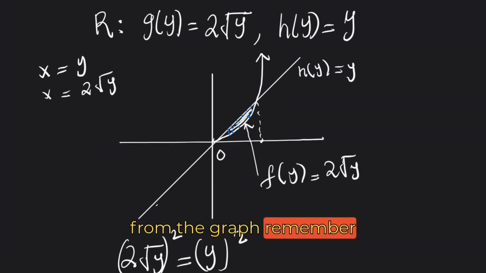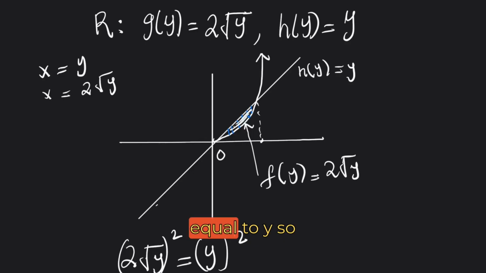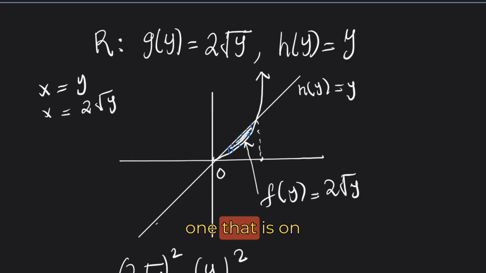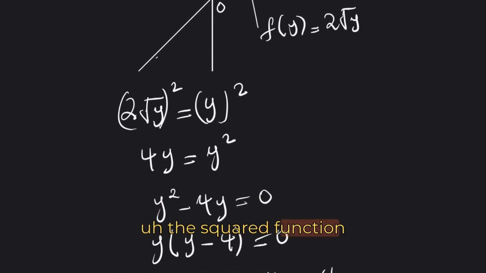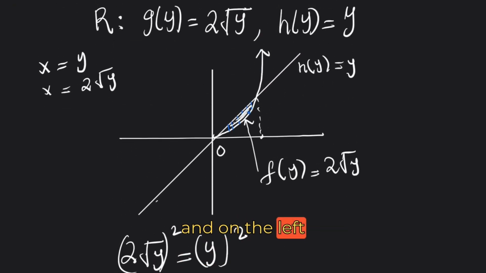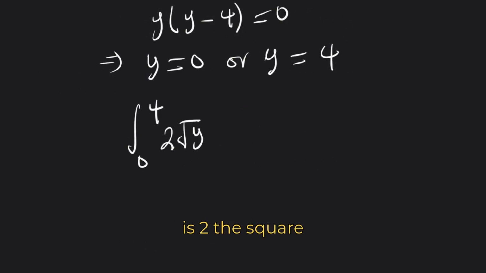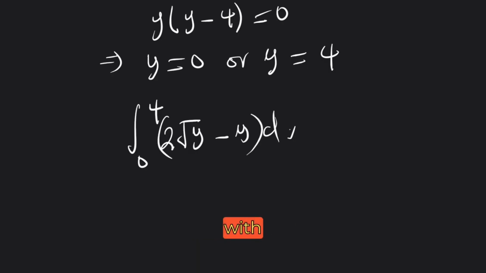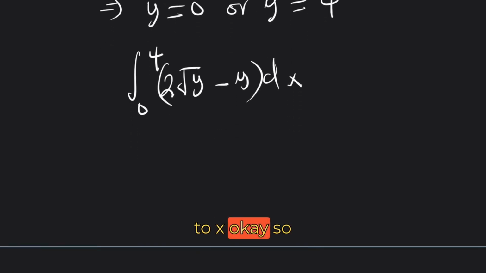From the graph, remember this is x equal to y, so we say x right minus x left. The one on the right side is the square root function, and on the left side the linear function. So this is the integral of 2 square root of y minus y with respect to y.